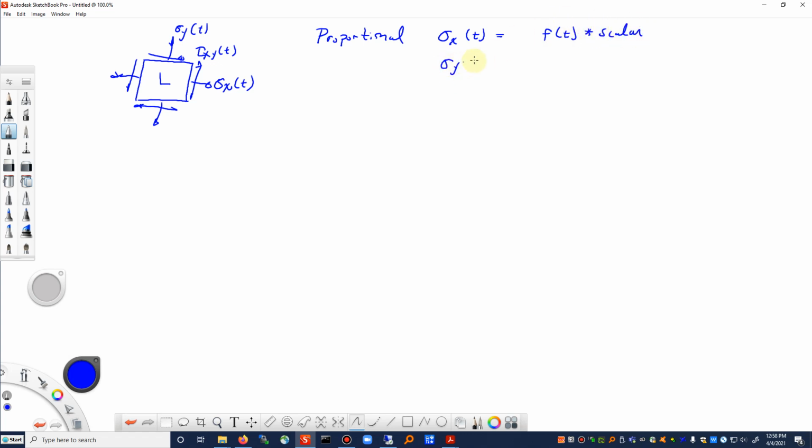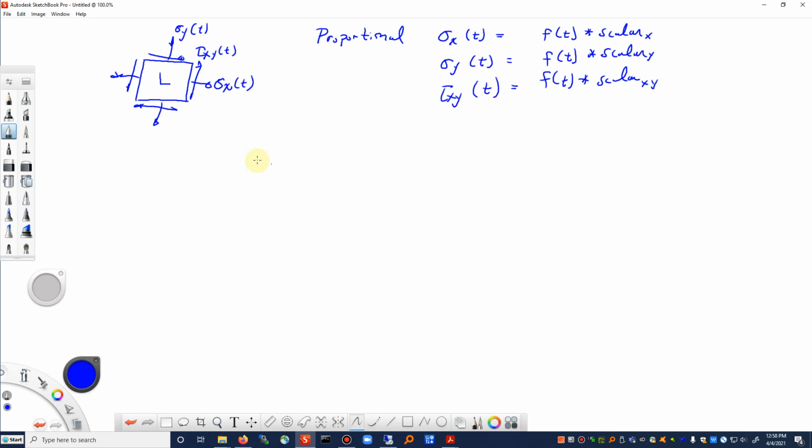And for sigma y, we would have the same function of time times a different scalar. So maybe this is scalar x, maybe this is scalar y. And likewise for tau xy, it's that same function of time times another scalar for the shear stress xy.